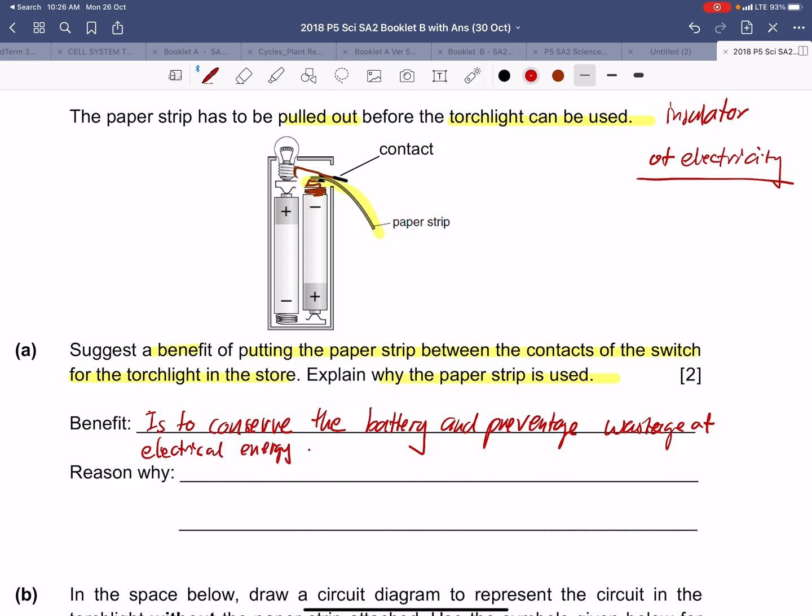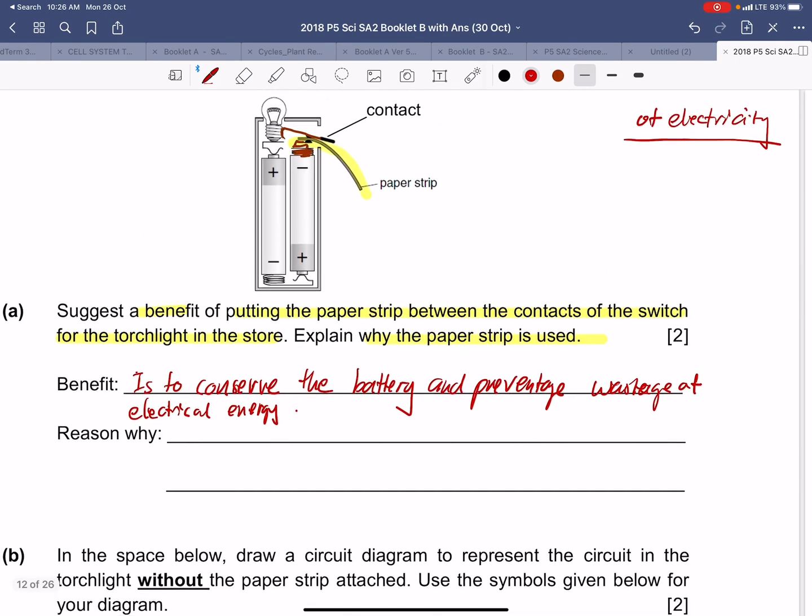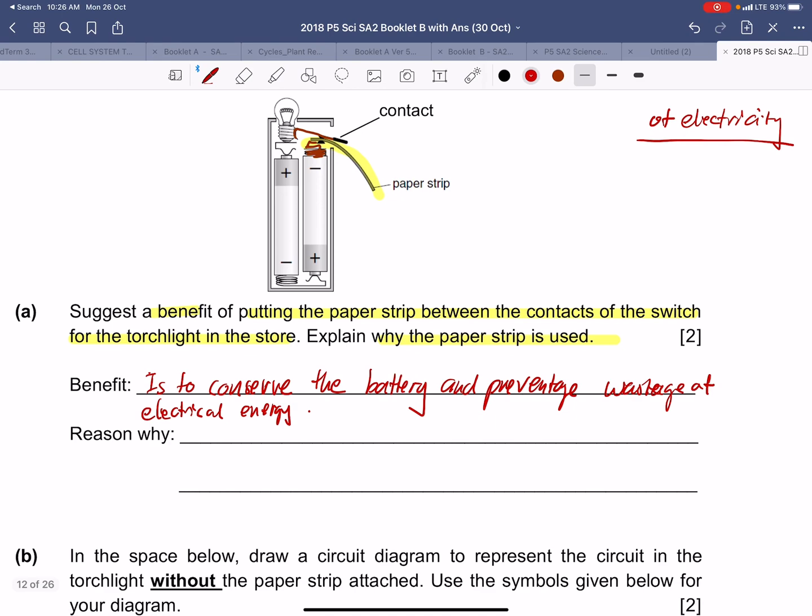Now, the reason why. You have to explain why this would work. So remember, we're talking about CEO. C stands for circuit: is the circuit open or closed? E stands for whether the electric current is actually flowing through, and O, what is the outcome.